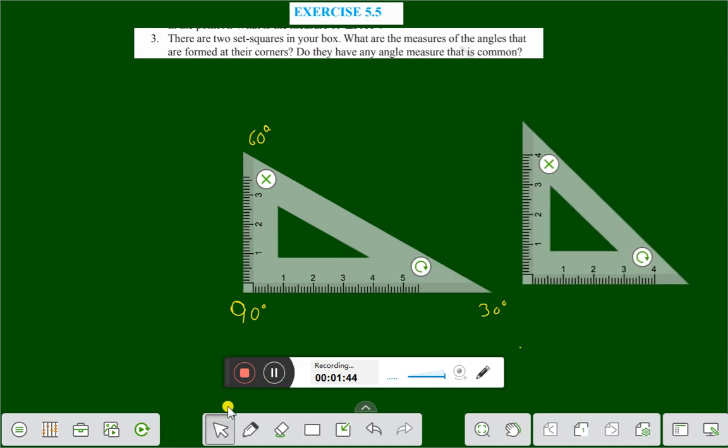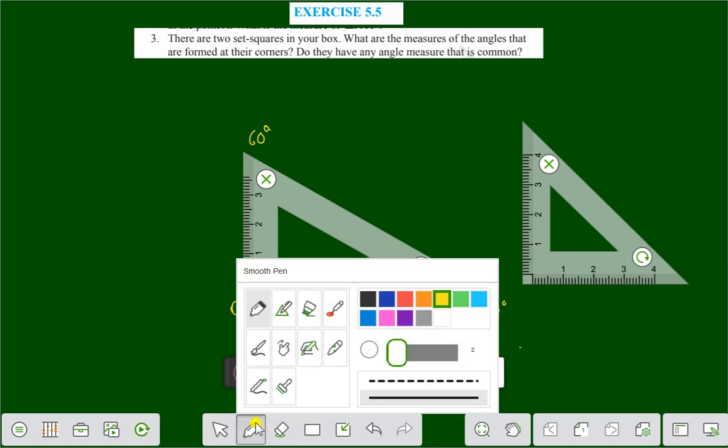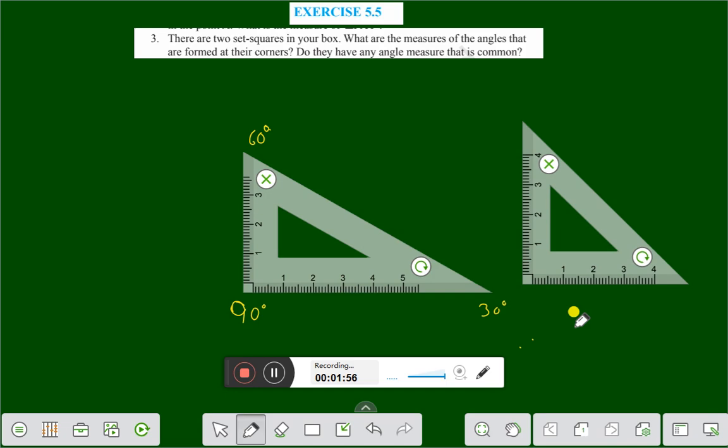Here you see we have taken another set square, and the measures of its angles are, you see, this angle is 90 degree. Here you see this is 90 degree, and this is 45 degree. This is 45 degree, this is 45 degree, and this angle is also 45 degree.